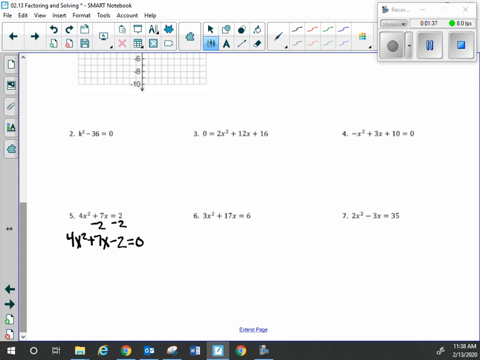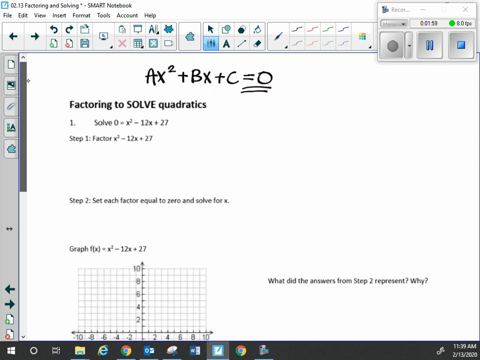Why is there minus 2? Because I subtracted 2 from both sides in order to make it equal 0. Alright. So that's the first step. I'm not going to solve this one further yet. We're going to go back up to number 1.